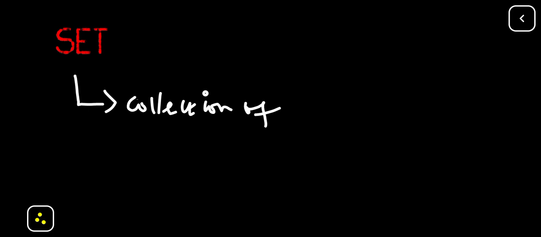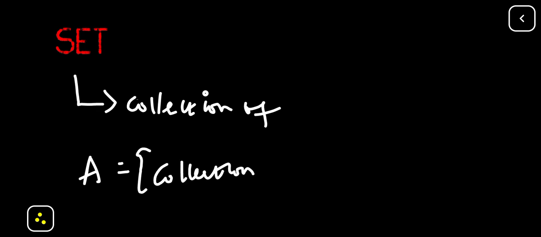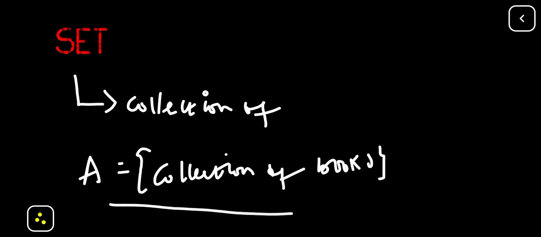So if you have a set A, it may be a collection of, let's use what we've been using, books. Okay, so this is a set. That is the general idea of a set.